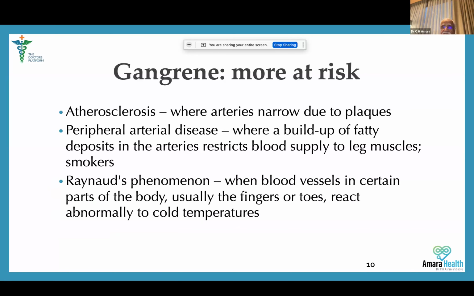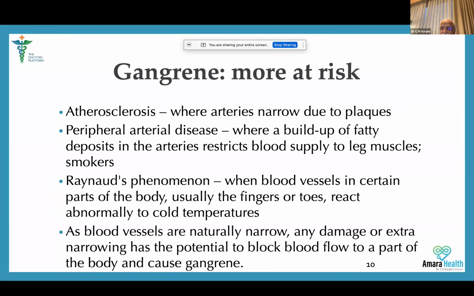Raynaud's phenomena, we already discussed, where the peripheral arteries are naturally narrow. This occurs because of tiny arterioles or capillaries, not because of large vessels. So any further narrowing due to disease can cause cessation of blood supply.